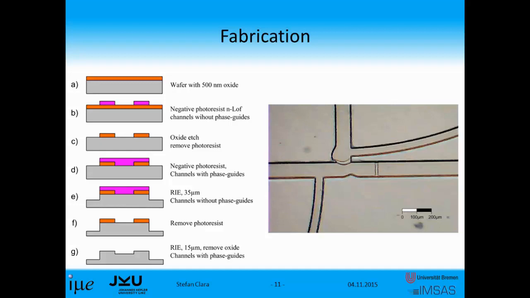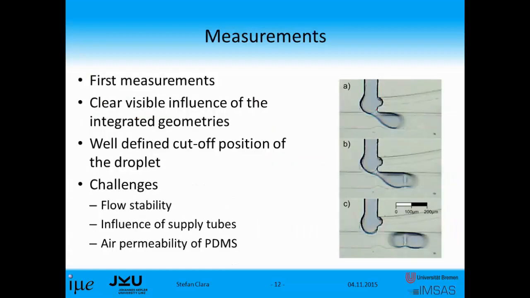So the parylene coating was not possible. But nevertheless, we did some measurements. Because the material is air permeable, the pressure reservoir worked only for a very short time, because then the air vanished out of the pressure reservoir. But nevertheless, the rest worked quite well.